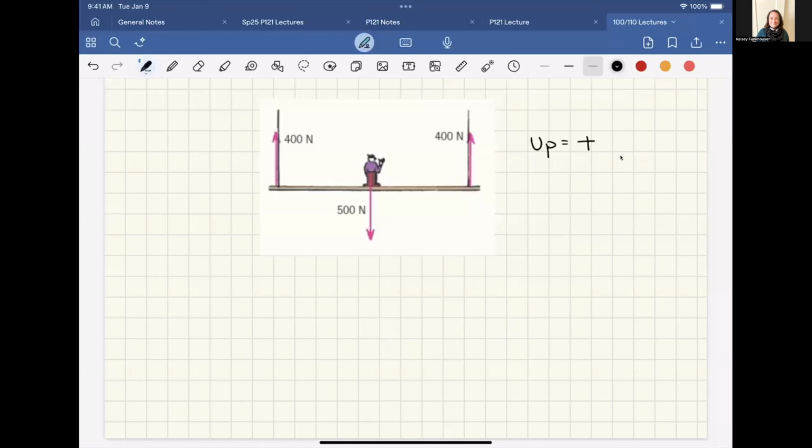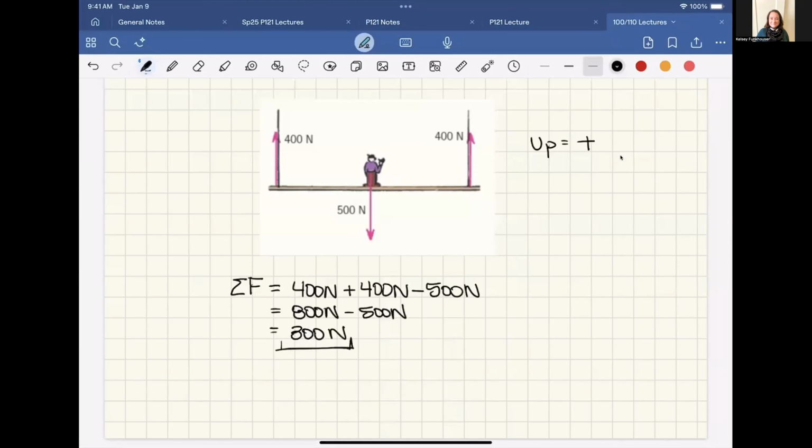So let's sum our forces. Remember, this sigma just means sum of the forces. So we have 400 newtons up and another 400 newtons up. Those are both positive. And then we have 500 newtons down. So we end up with 800 newtons minus 500 newtons, and that gives us 300 newtons. But this is supposed to be in equilibrium, right? So that means that this 300 newtons down is our missing force.